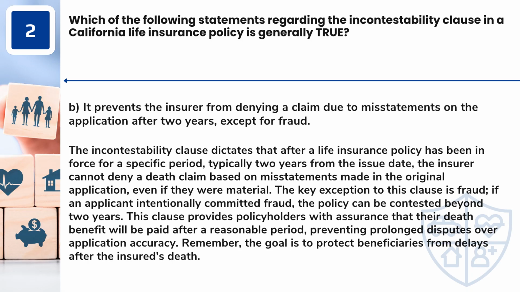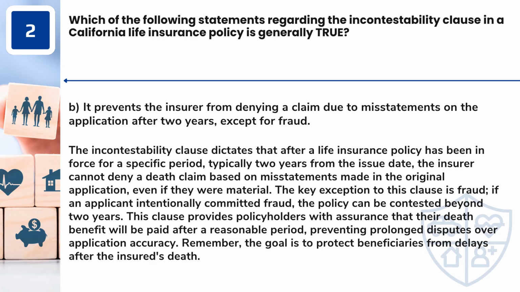Answer: B. It prevents the insurer from denying a claim due to misstatements on the application after 2 years, except for fraud. The incontestability clause dictates that after a life insurance policy has been in force for a specific period, typically 2 years from the issue date, the insurer cannot deny a death claim based on misstatements made in the original application, even if they were material.